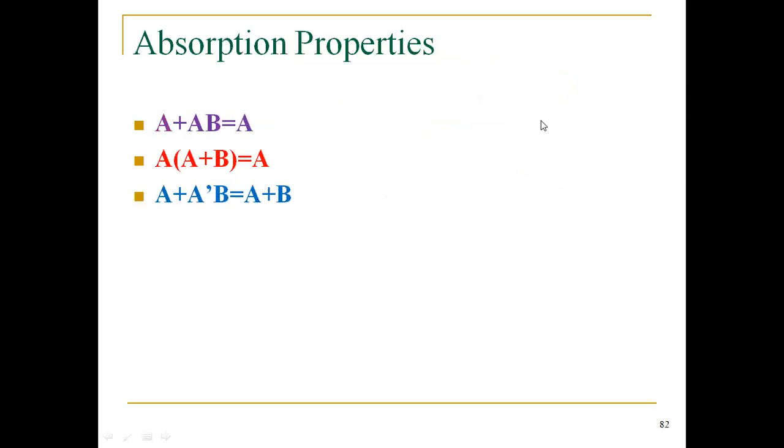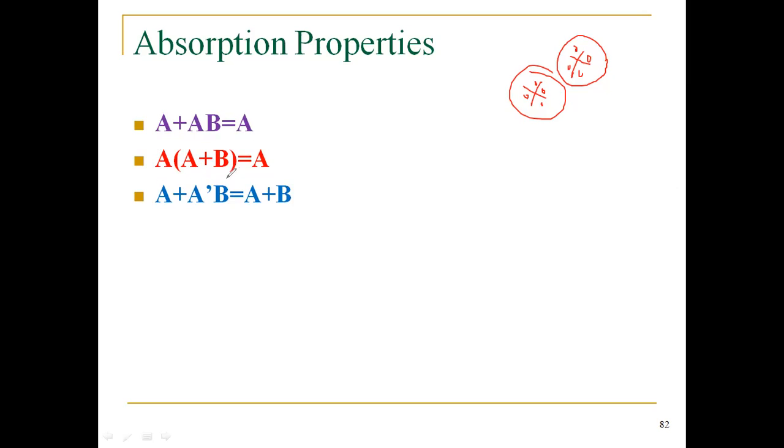Okay. Then the absorption property. The very first thing is A plus AB equals A. This is very important whenever we do any logical reduction, so please keep it in your mind, since we are going to reduce very lengthy expressions by adopting the above properties along with this.